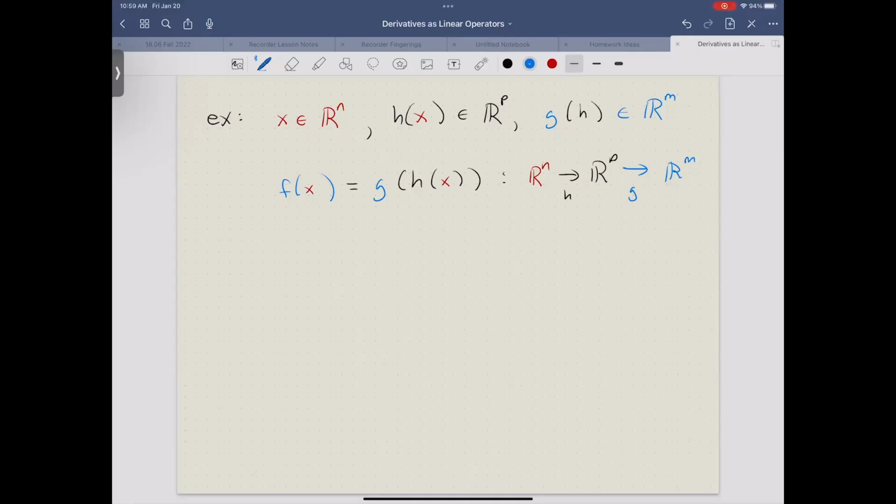And then what is our chain rule? It's that f prime of x, and now we know this is a Jacobian matrix. This takes n inputs, m outputs, so this is an m by n Jacobian.